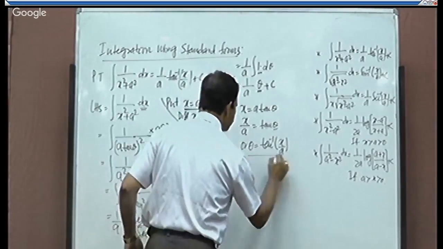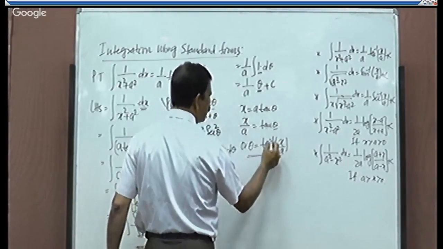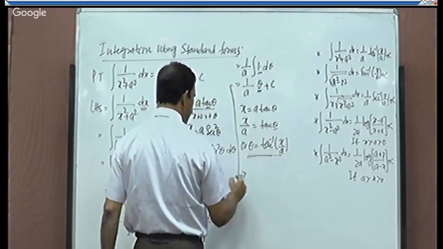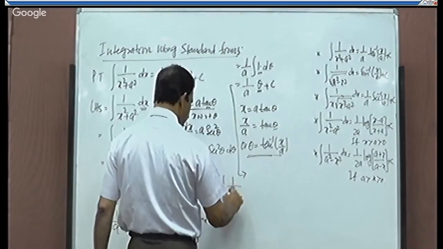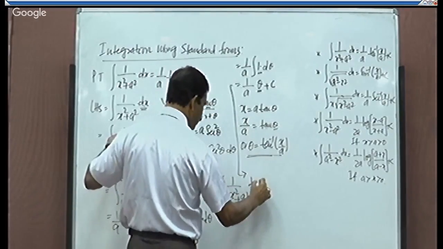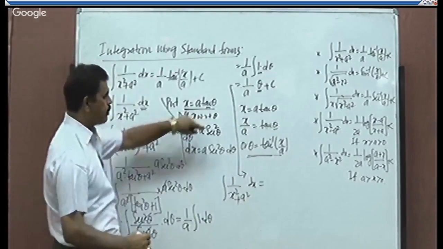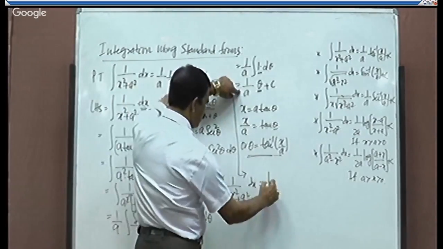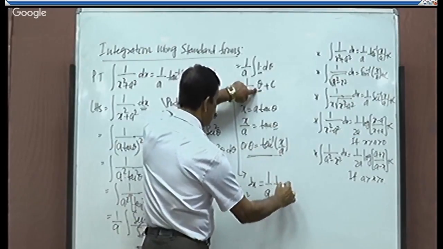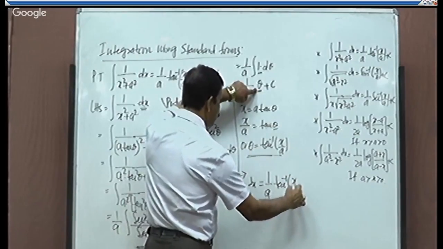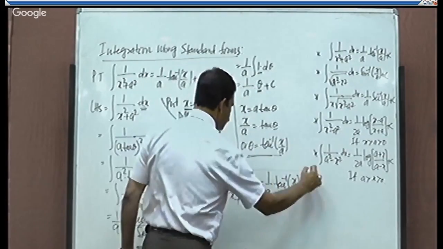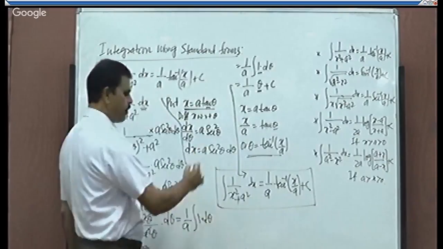Just replace theta as tan inverse of x by a in the answer. Then integration of 1 by x square plus a square into dx is equal to 1 by a into theta, and theta is tan inverse of x by a, plus c. This is the derivation of the first standard form.